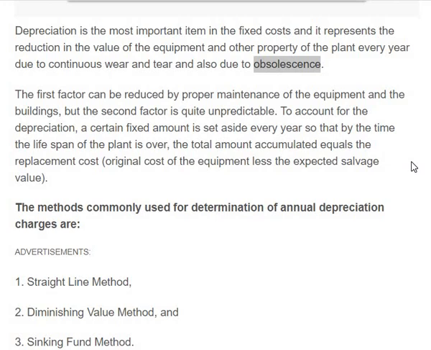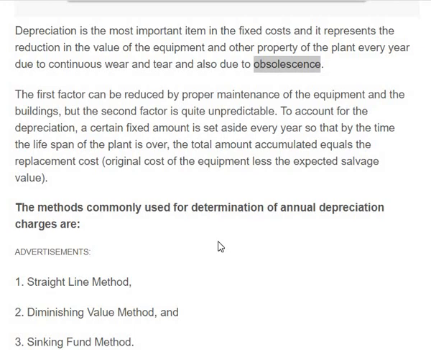Depreciation is the most important item in the fixed cost, and it represents the reduction in the value of the equipment and other property of the power plant every year due to continuous wear and tear, and also due to obsolescence.